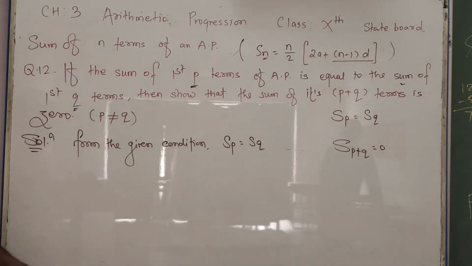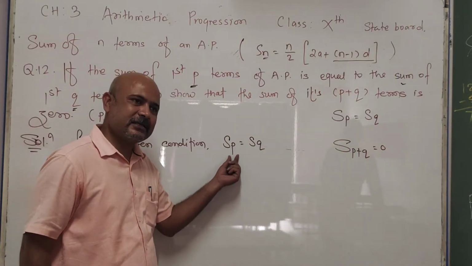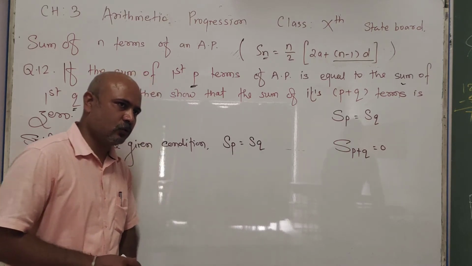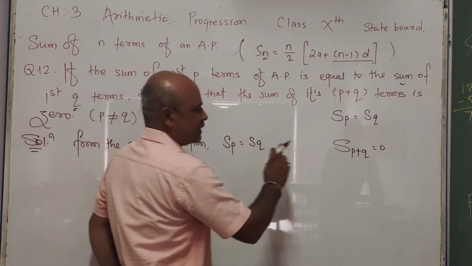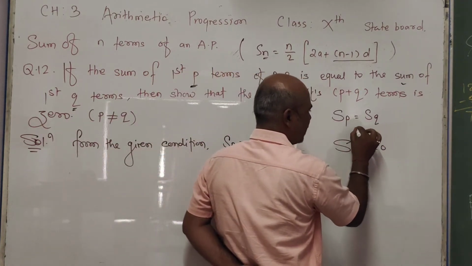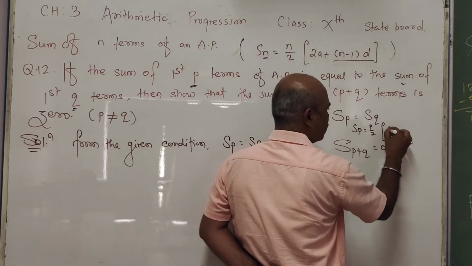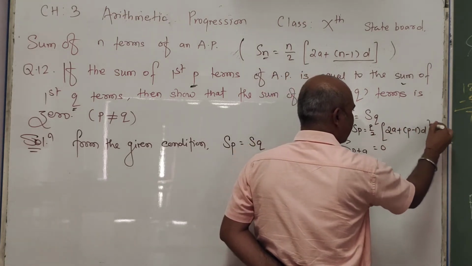And here in the solution we are going to use the formula of Sn, and replace n by p and n by q. So what will you get? Sp will be p by 2 times 2a plus p minus 1 into d.